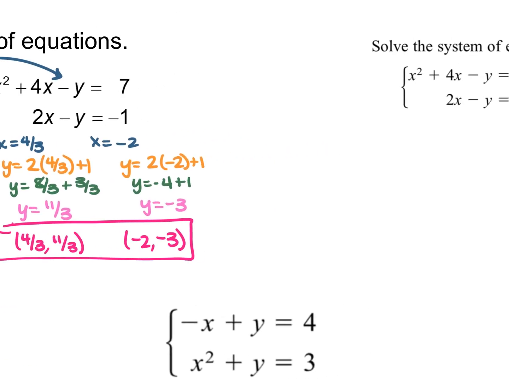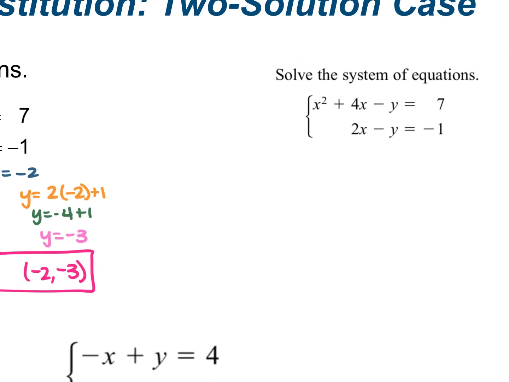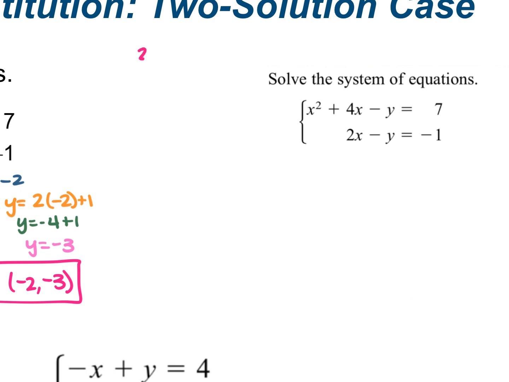For your next example, we have x squared plus 4x minus y is equal to 7, and 2x minus y is equal to negative 1. So very similar to the one that we just did. We're going to first take the 2x minus y is equal to negative 1 and solve it for y. So we're going to move the y over, add it to both sides.